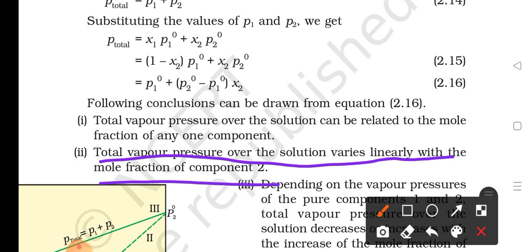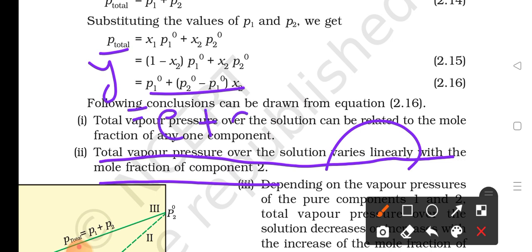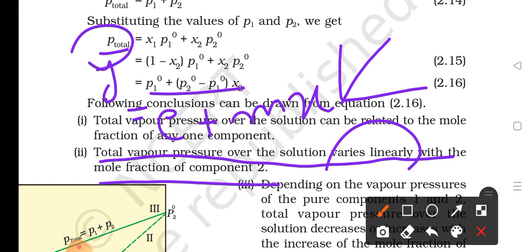Why does it vary linearly? The equation is in the form of y equals mx plus c, with p1 naught as c. So if we take P total versus x2, the total pressure versus mole fraction, we get a linear curve.